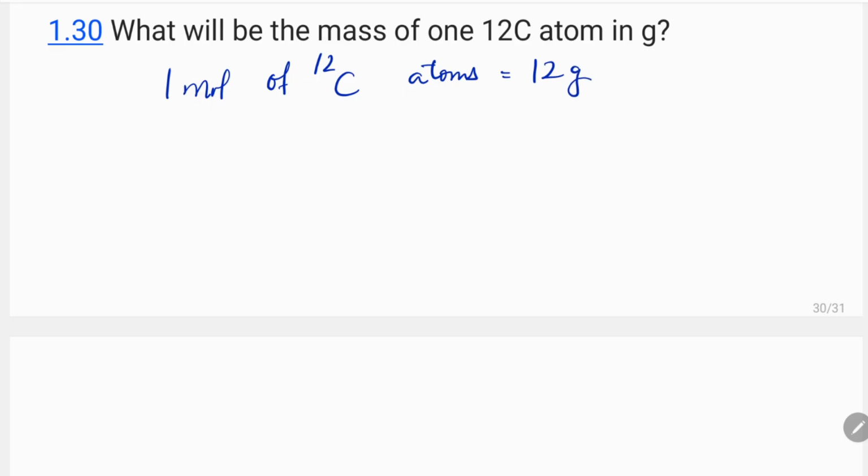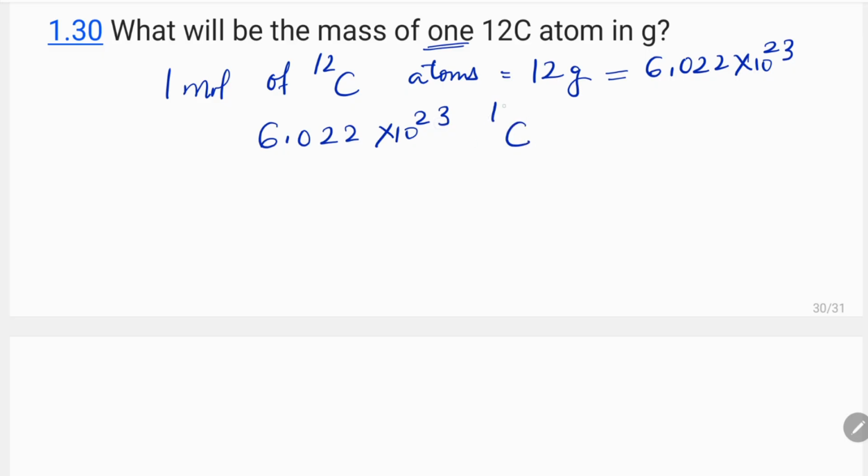Fine. But the number of atoms is also involved, so include Avogadro's number, which is 6.022 into 10 raised to power 23 atoms. So we can say that 6.022 into 10 raised to power 23 carbon 12 atoms weigh 12 grams.